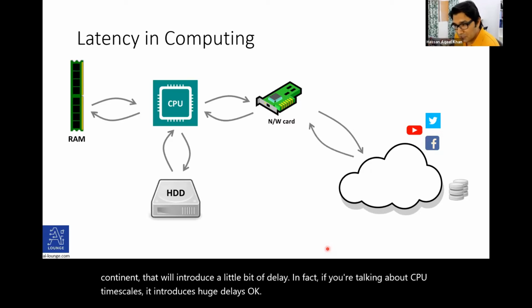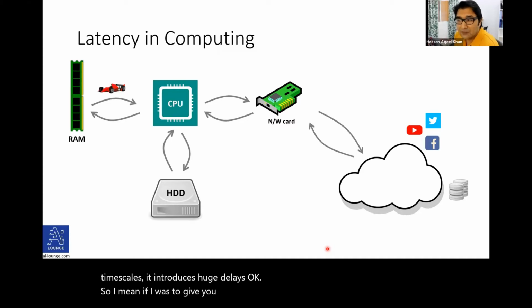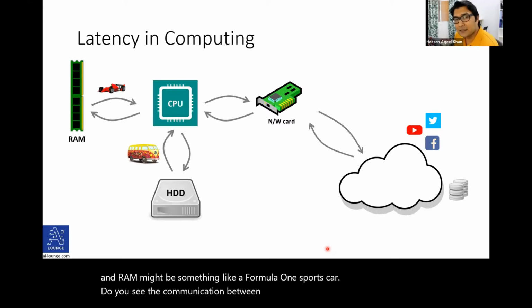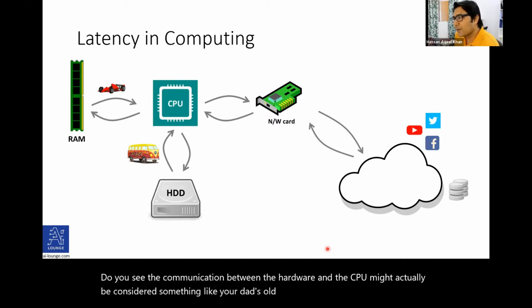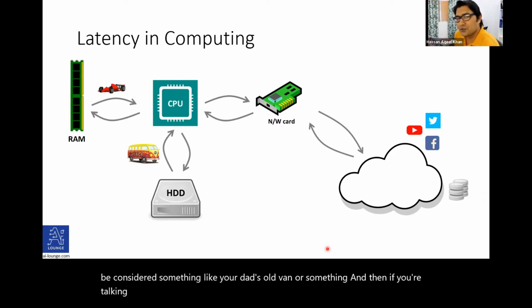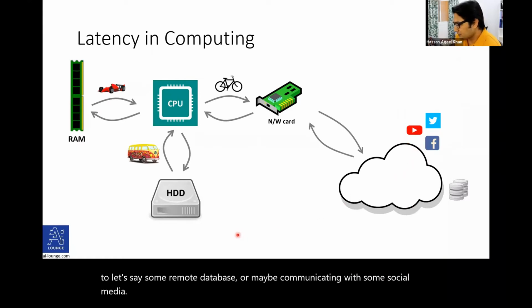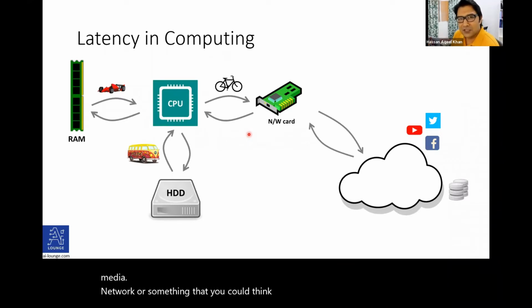If I was to give you an analogy, the communication between a CPU and RAM might be something like a Formula One sports car. The communication between the hardware and the CPU might be considered something like your dad's old van. And communication through the cloud or the internet to, let's say, some remote database, or some social media network, you could think of as a bicycle or something even slower.